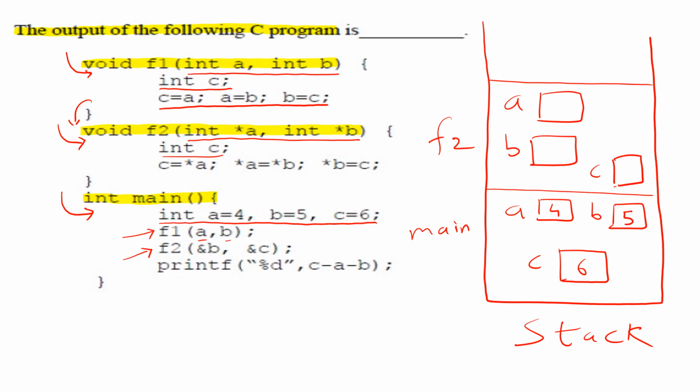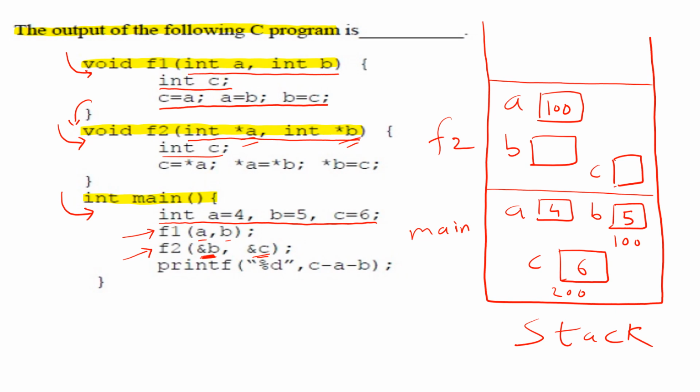Now as you can see, F2's A, B are pointers. As we are passing, you can see the call, we are passing address of B and address of C. So let us assume that address of B is say 100 and address of C is say 200. Now we pass these addresses of B and C to these pointers A and B over here. So what is address of B? 100. This is copied over here as F2's A because it is a pointer.